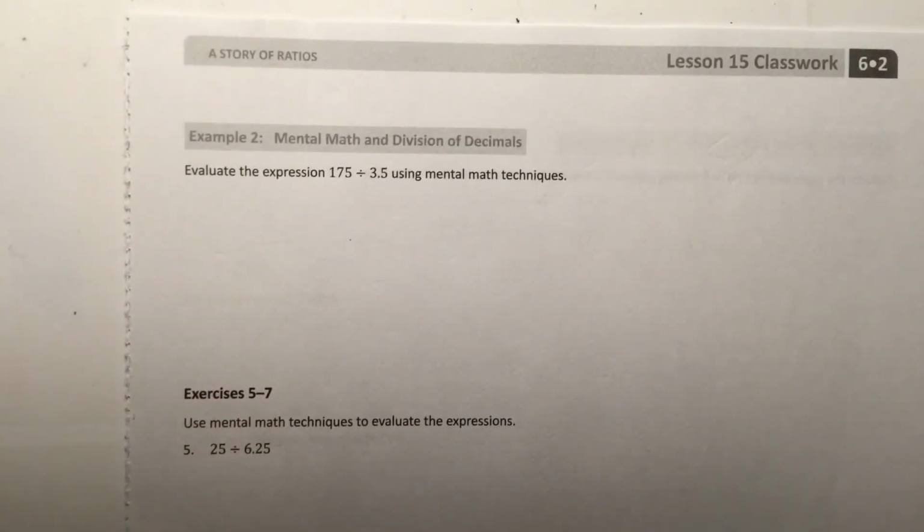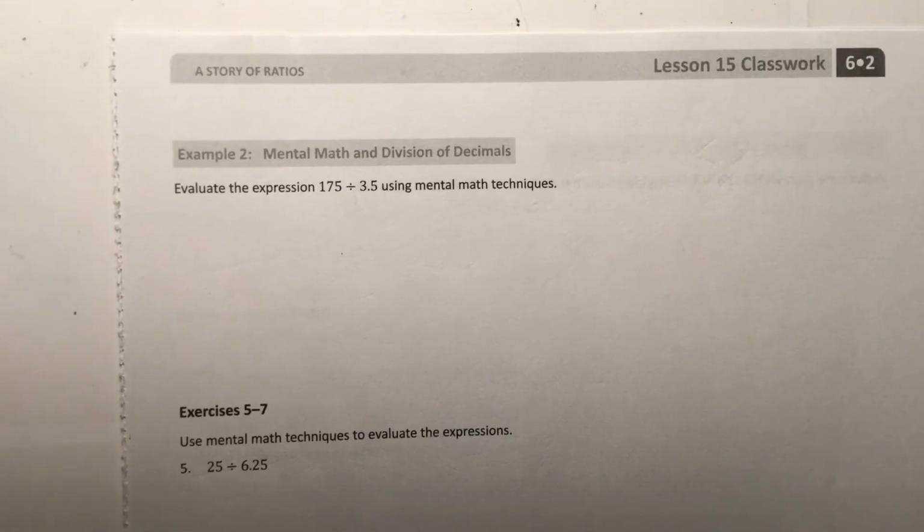Okay. So let's take a peek at example number 2. Evaluate the expression 175 divided by 3.5. And they want you to use your mental math techniques, right? Okay, this is with decimals. We can do this, right? We can totally do this.